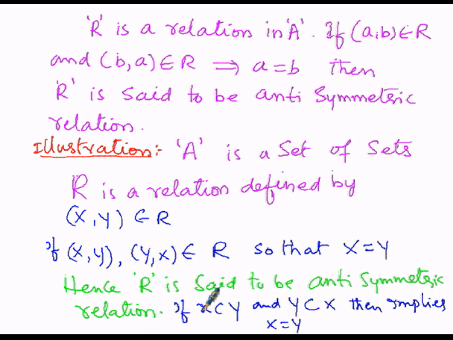Here x must be a subset of y and y a subset of x; only then will these two sets be equal, so x equals y.